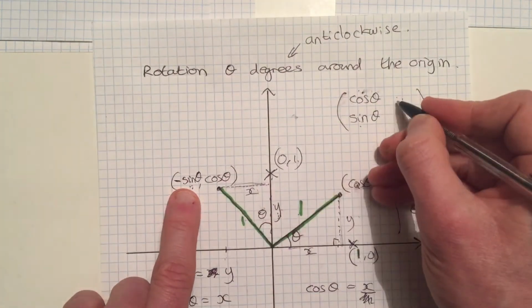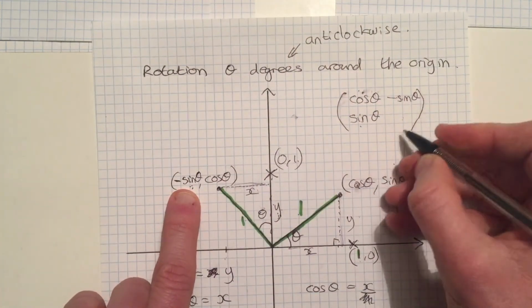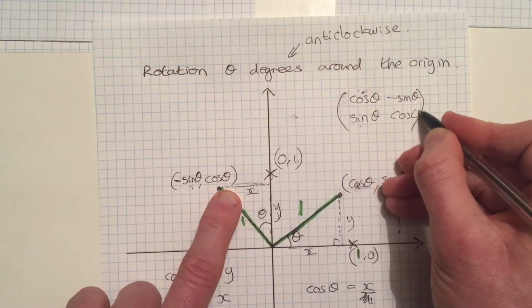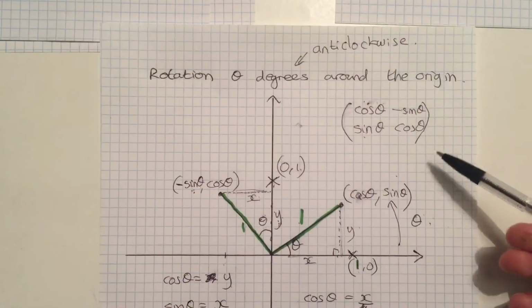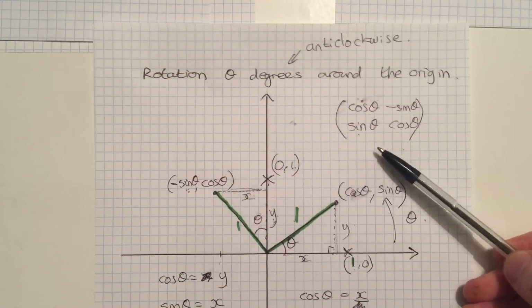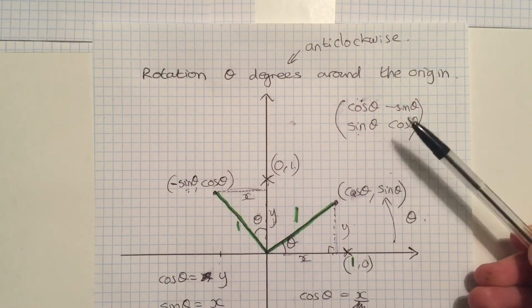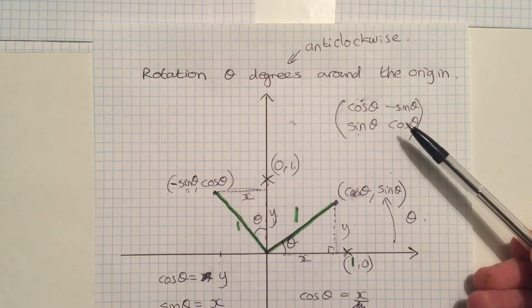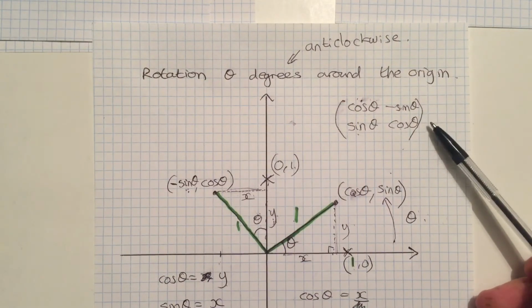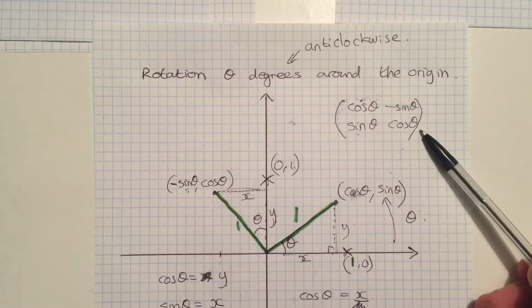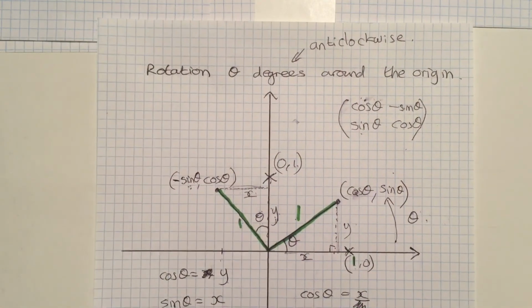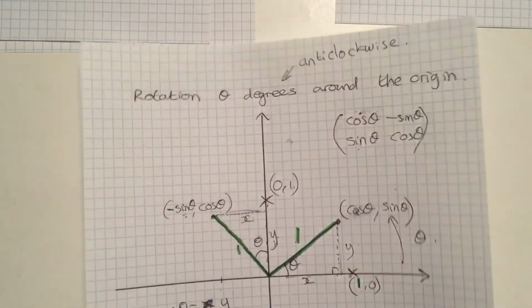So we know that this is minus sine theta, and this is cos theta. And we now have the formula for the matrix representing a rotation theta degrees anticlockwise about the origin. This formula is given to you in the formula booklet. Right, let's have a look at a couple of examples using that then.